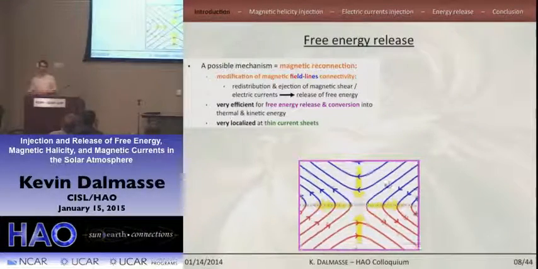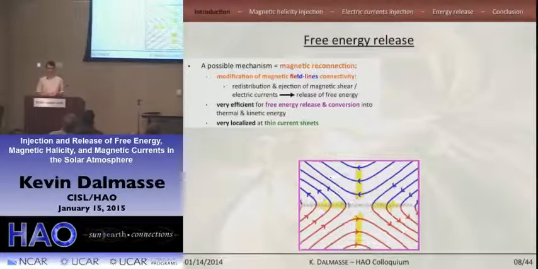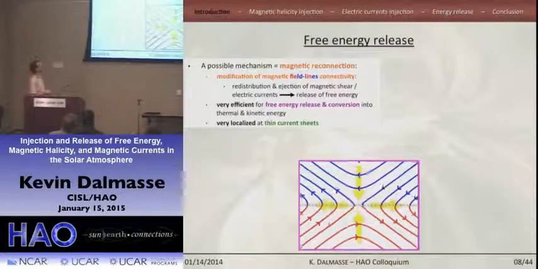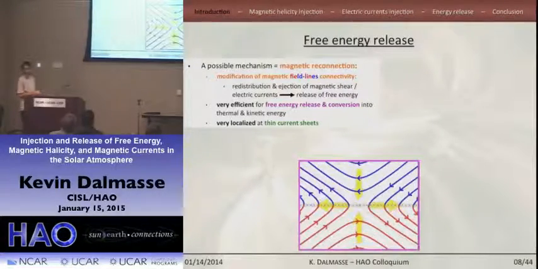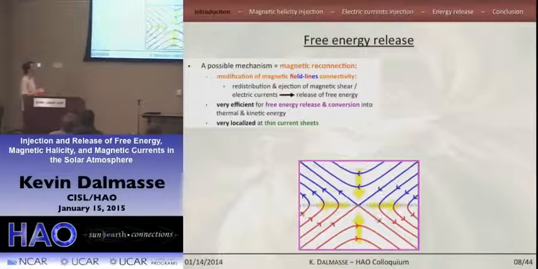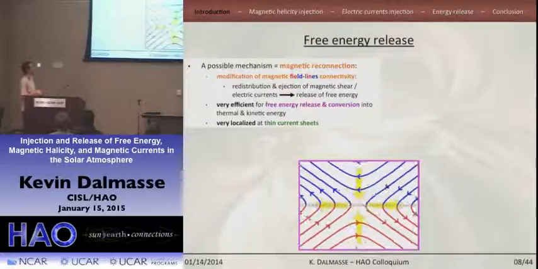So one possible mechanism for releasing the free energy impulsively is magnetic reconnection. Magnetic reconnection is a non-ideal process that induces a change in the connectivity of the magnetic field lines.